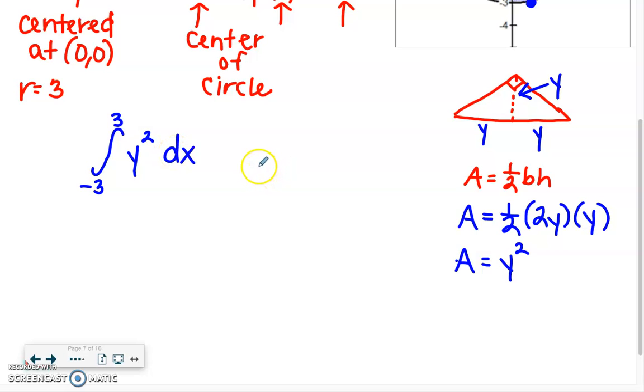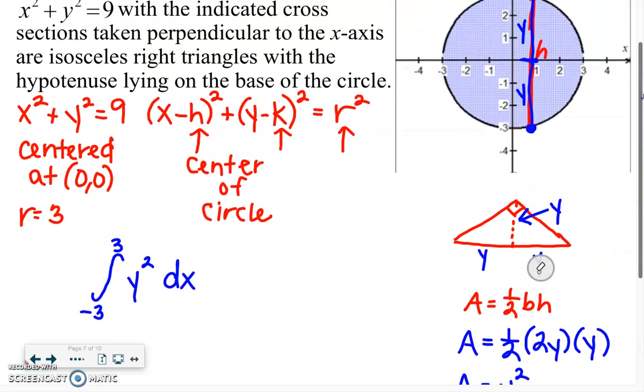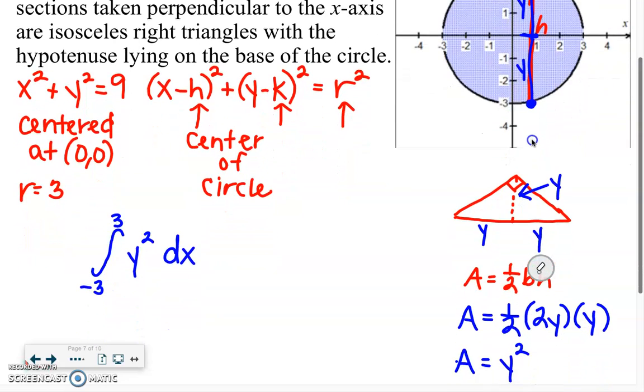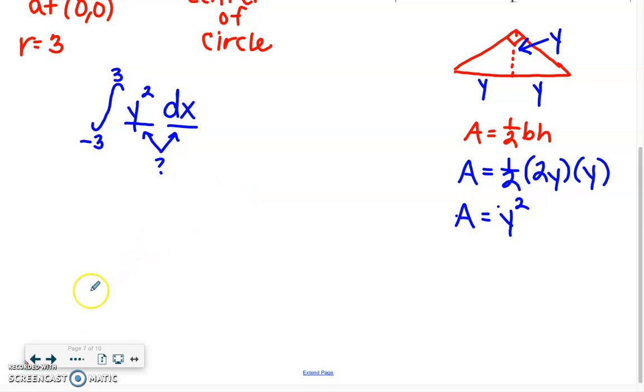Okay, now, since we are being told to draw our triangles perpendicular to the x-axis, that means that we are treating everything with respect to the x-axis. So right here, these two arguments don't agree because one is in terms of y and the other is in terms of x. So we have to fix it.